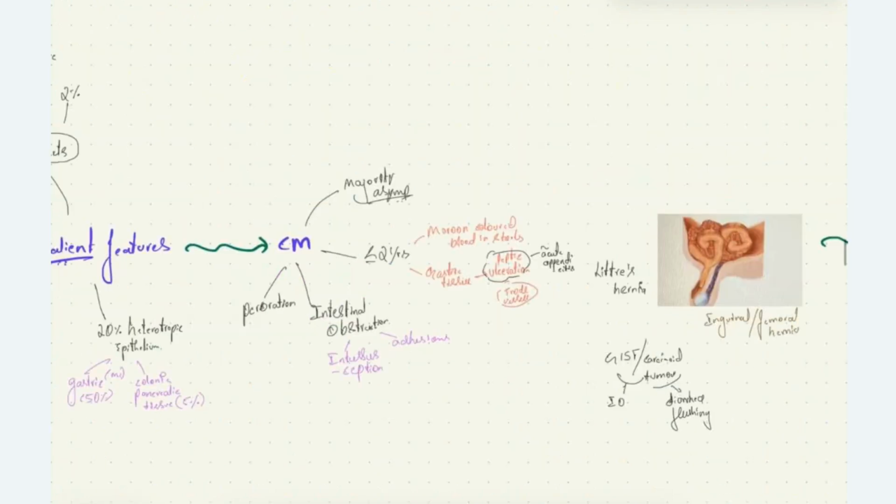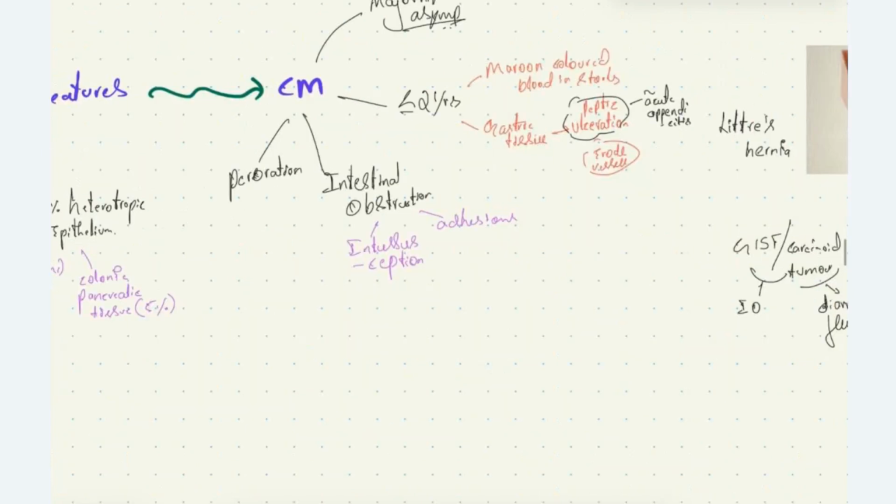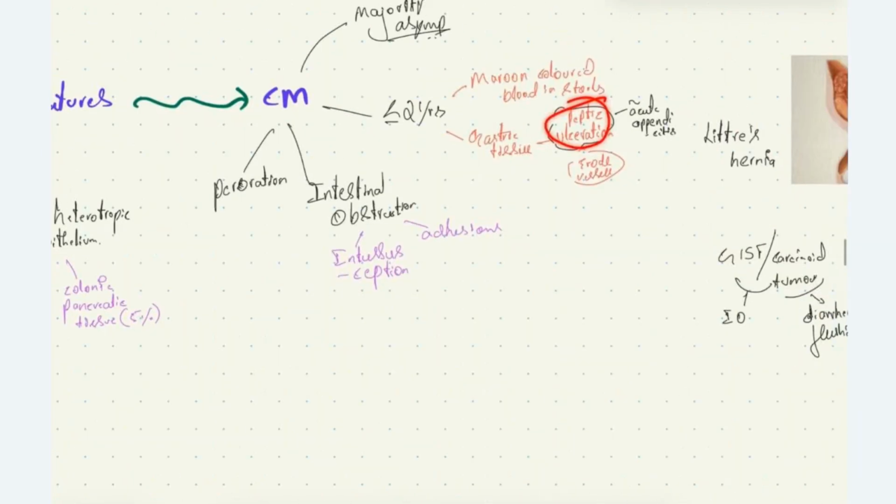Clinical manifestation: the majority are asymptomatic. Patients can present with maroon colored blood in stools, features of peptic ulceration similar to acute appendicitis, intestinal obstruction due to intussusception and adhesions, or features of perforation leading to peritonitis.